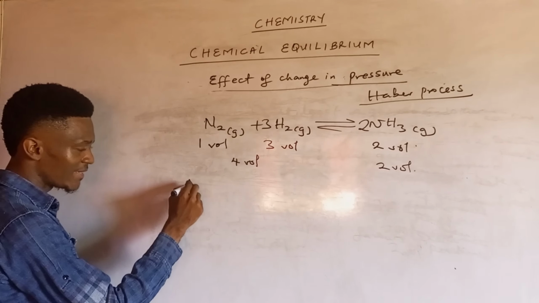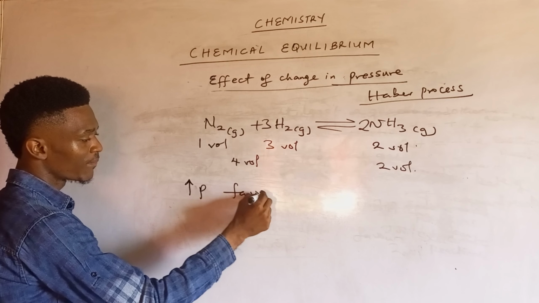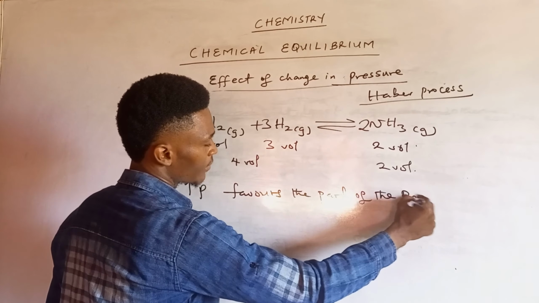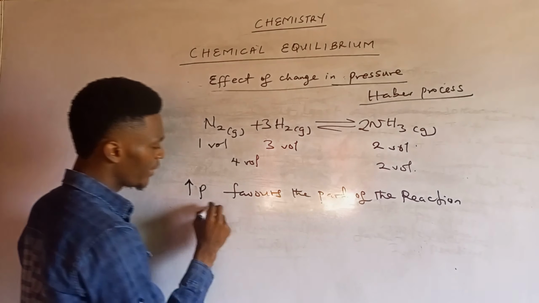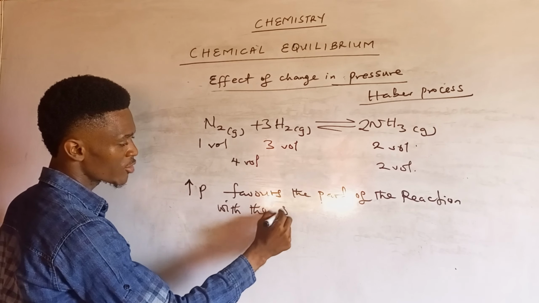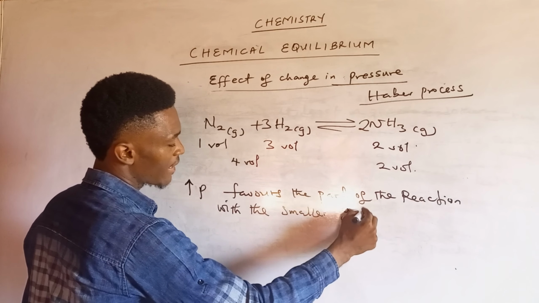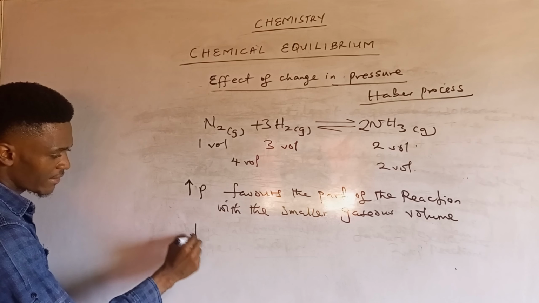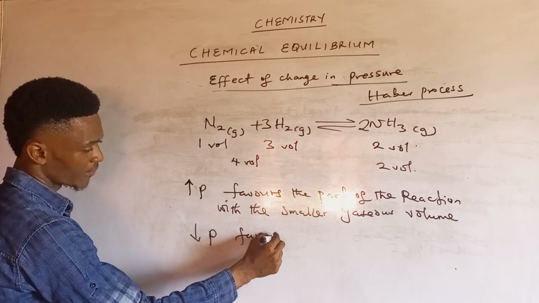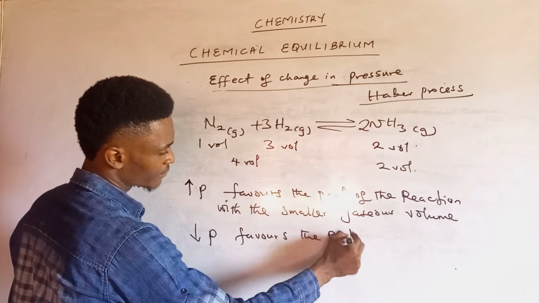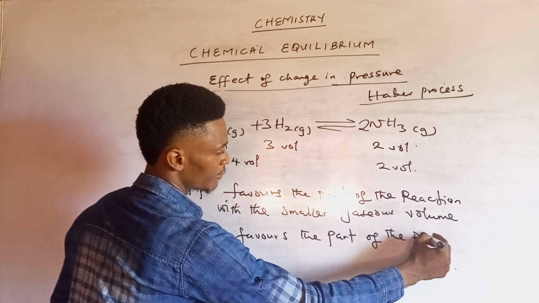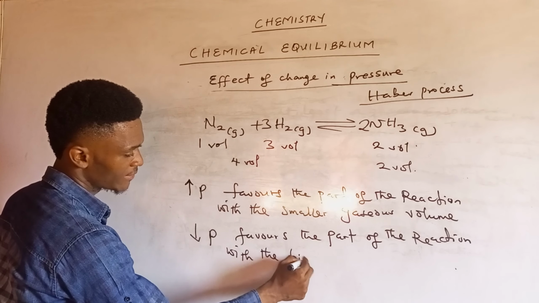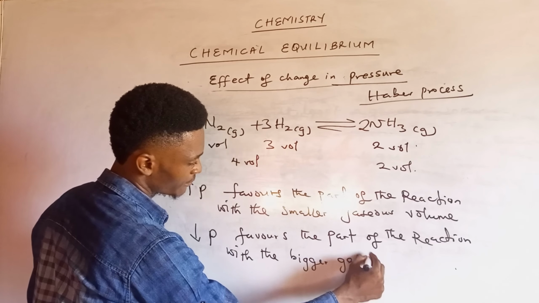Now, an increase in pressure favors the part of the reaction with the smaller gaseous volume, while a decrease in pressure favors the part of the reaction with the bigger gaseous volume.